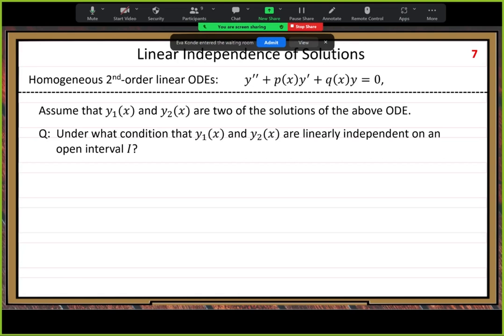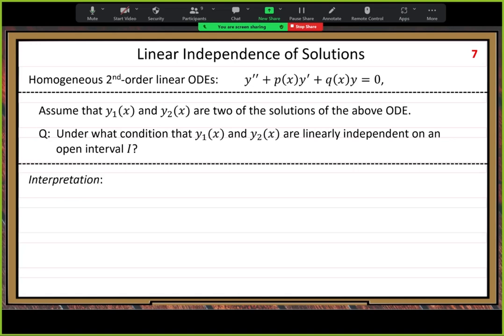Under what condition are y1, y2 linearly independent on an open interval I? We do not specify how large that I is, just some interval I. Interpretation: let's try to understand the exact meaning of linear independence.